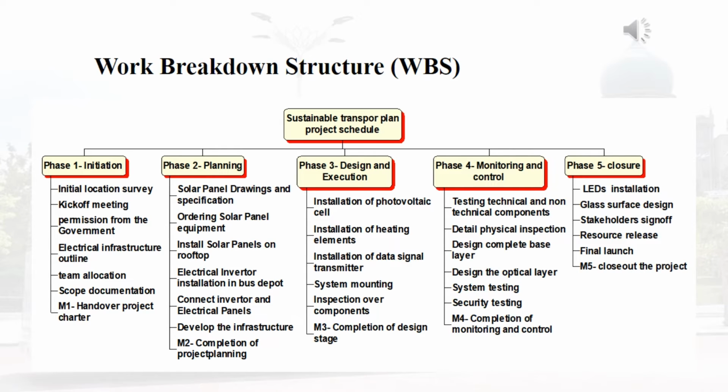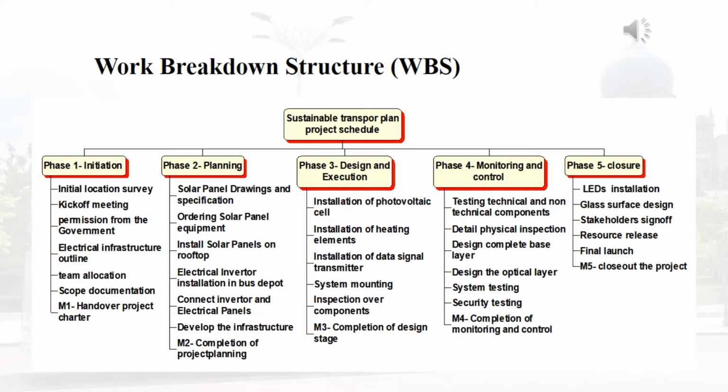Work breakdown structure (WBS) is a tool that utilizes this technique and is one of the most important project management documents. It integrates scope, cost, and schedule baseline, ensuring that the project plans are in alignment.